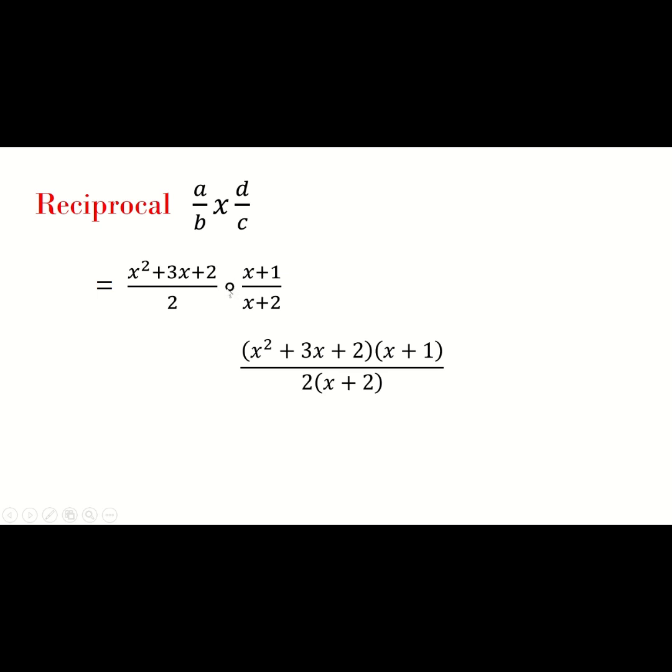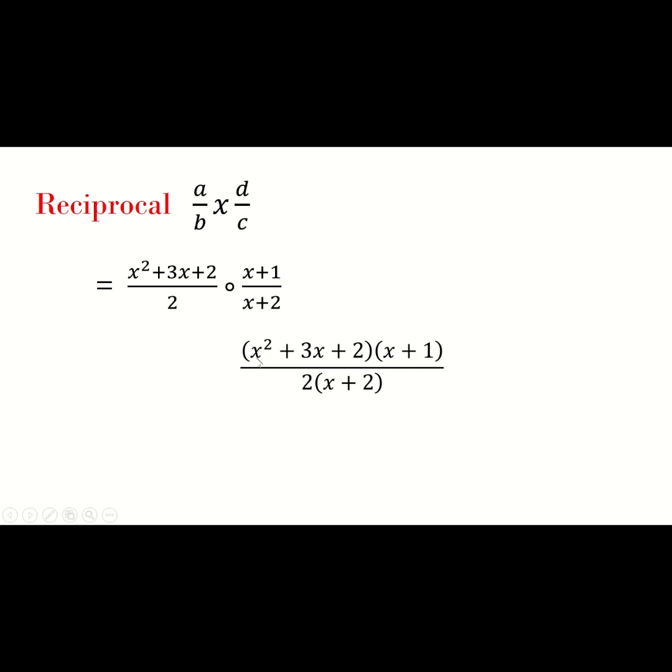But this means we multiply. The top to the top, the bottom to the bottom, meaning 2 became times x plus 2, as you can see here. I'm just rewriting. I've done nothing until this point.